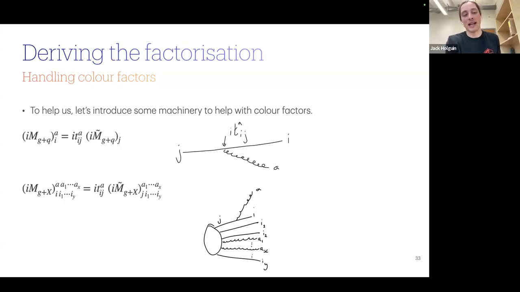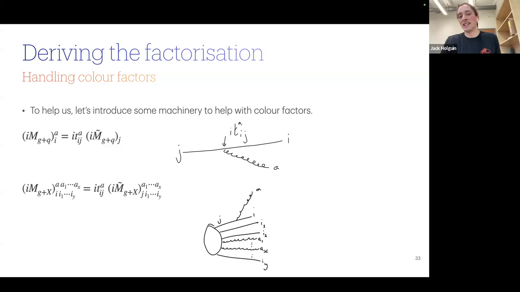Here we have a matrix element which depends on a huge number of fundamental color indices and adjoint indices. I always will use I and J for the fundamental and A for the adjoint. And this is equivalent for the diagram I've drawn. You will be able to pull out this Gell-Mann matrix for the emission of this gluon A from the whole matrix element.